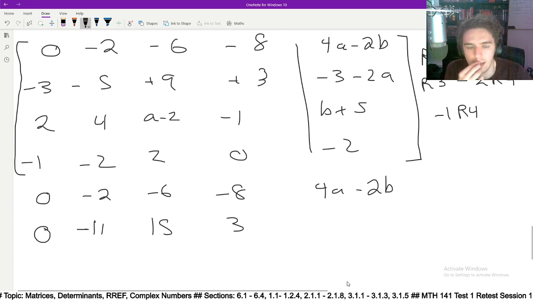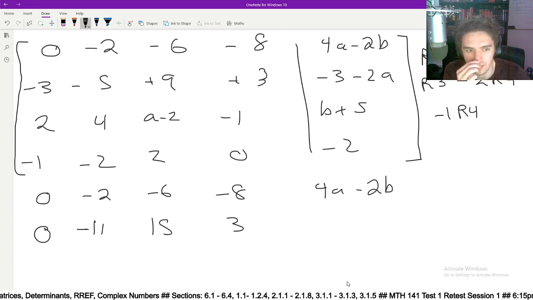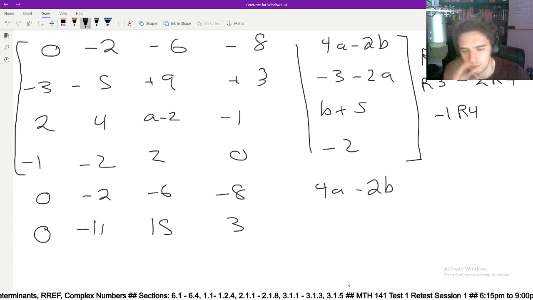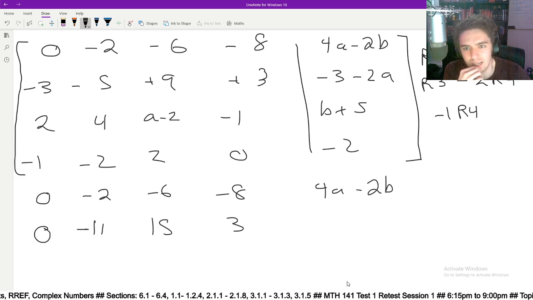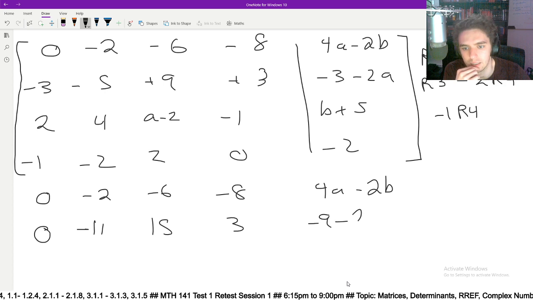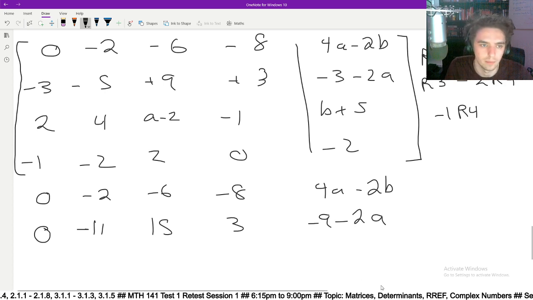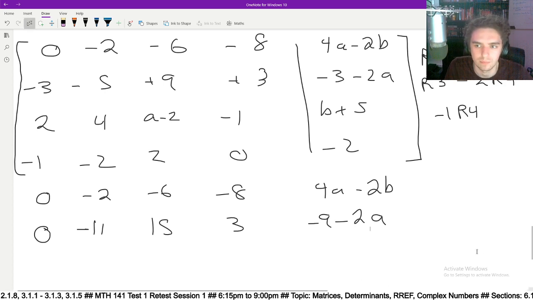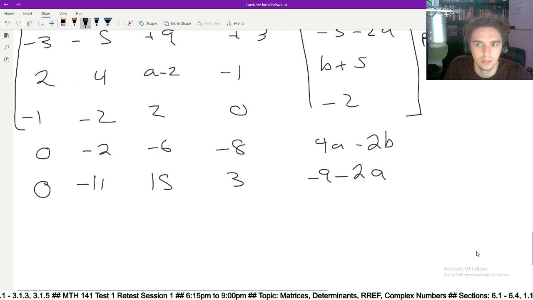Then negative 3 minus 2a plus 3 times negative 2, so it's negative 9 minus 2a. Okay, the next one, looking at rows 3 and 4.